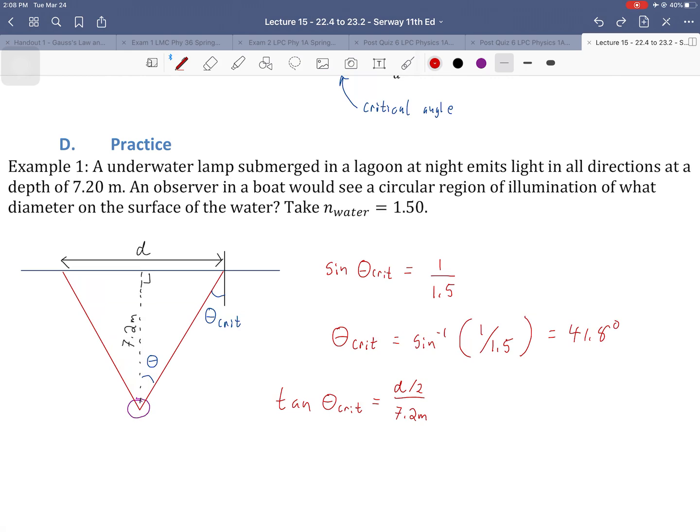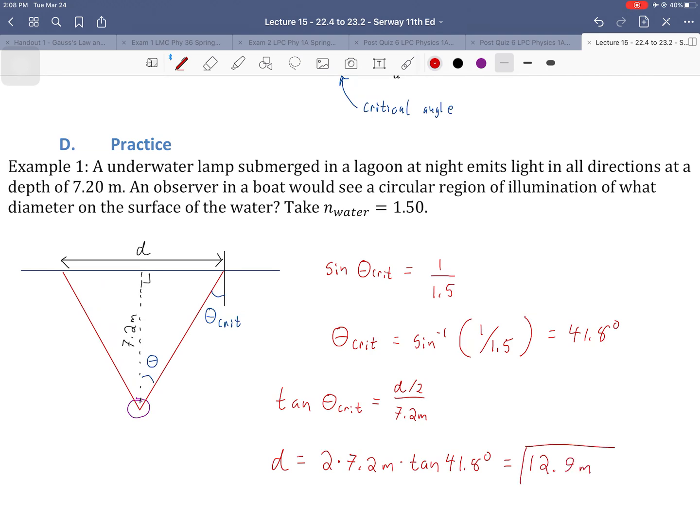And so when we do that and solve for the diameter, d is just going to be equal to 2 times 7.2 meters times tangent of 41.8 degrees, and that gives us 12.9 meters.